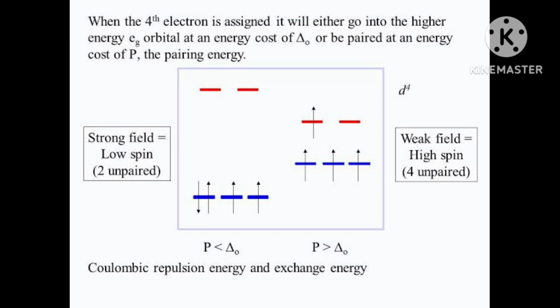In t2g there are dxy, dyz, dzx, and in eg there are dx square minus y square and dz square, two orbitals.